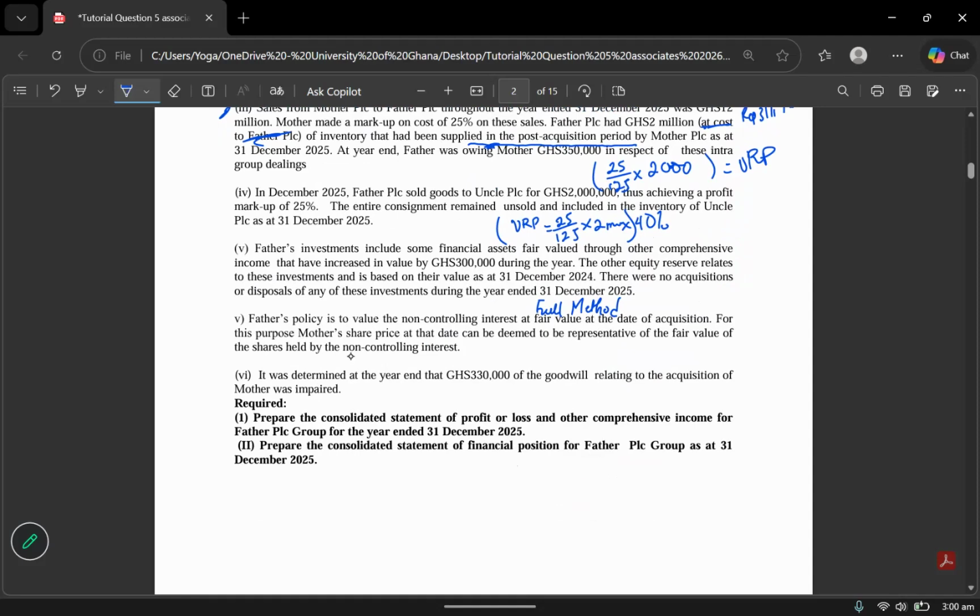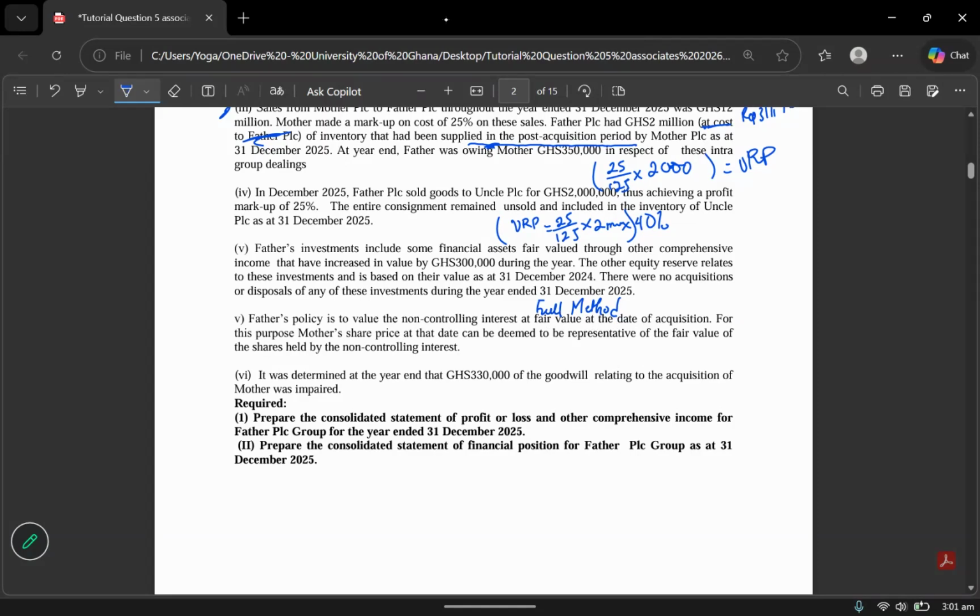Now, for this purpose, Mother's share price at the date can be deemed to be representative of the fair value of the shares held by the non-controlling interest. So they are saying that because they are using the fair value to value the non-controlling interest, you have to look for the fair value of NCI when you are computing the goodwill.